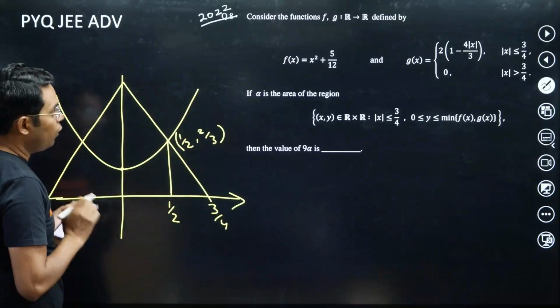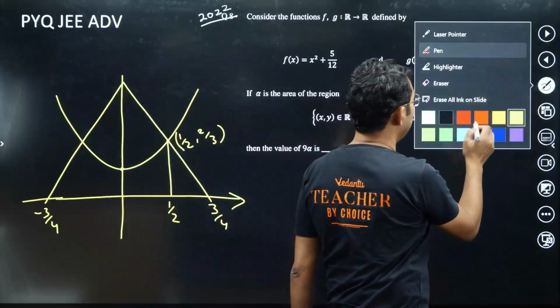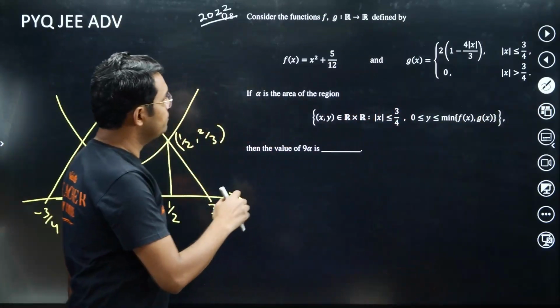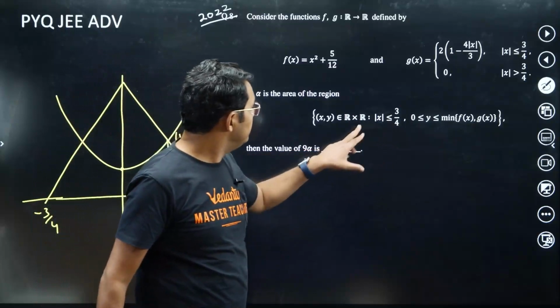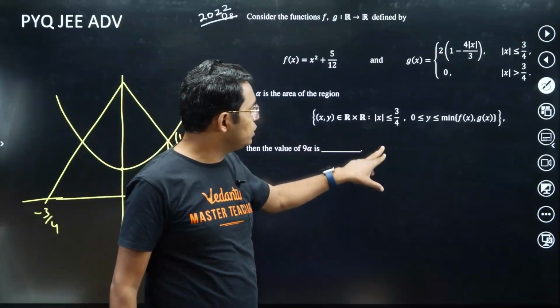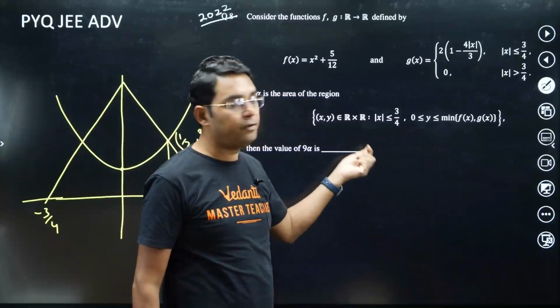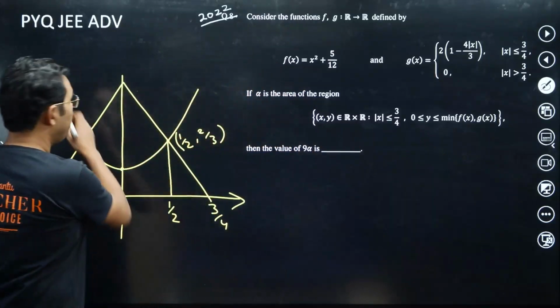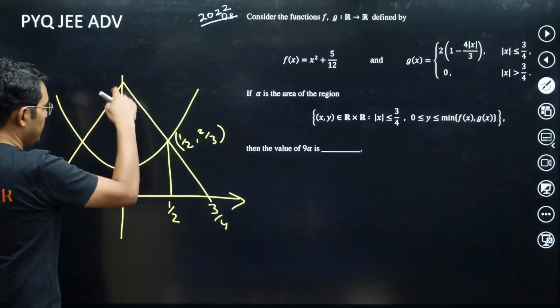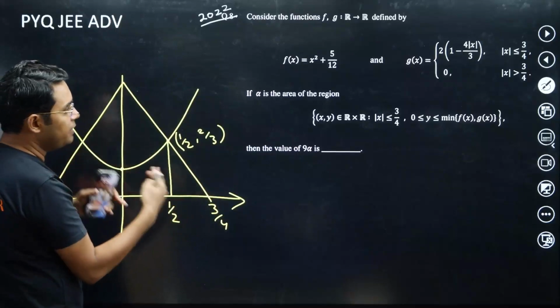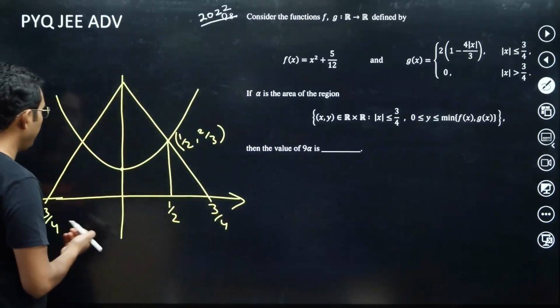Okay, so what area are we looking for? Let us first figure out that thing. It is saying for mod x less than or equal to 3 by 4, y is between 0 and the minimum of f(x) and g(x). So this parabola is f(x) and this downward mod, you can say, is your g(x). So who is minimum at which place?